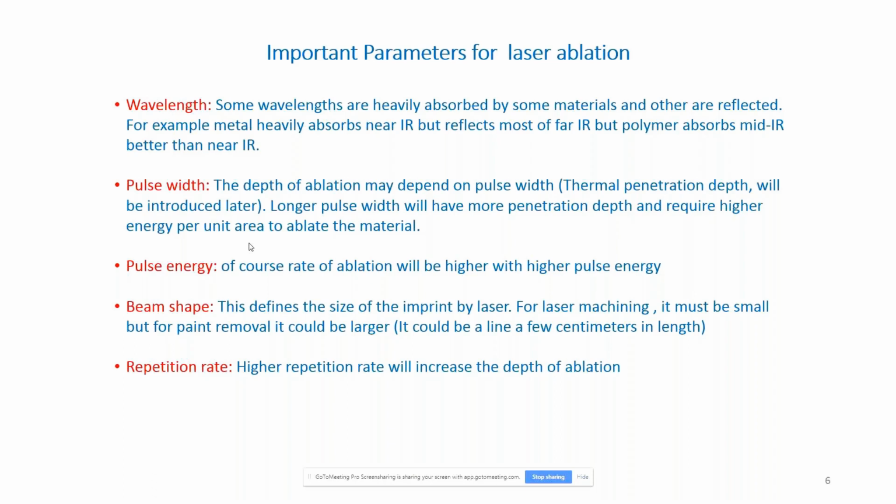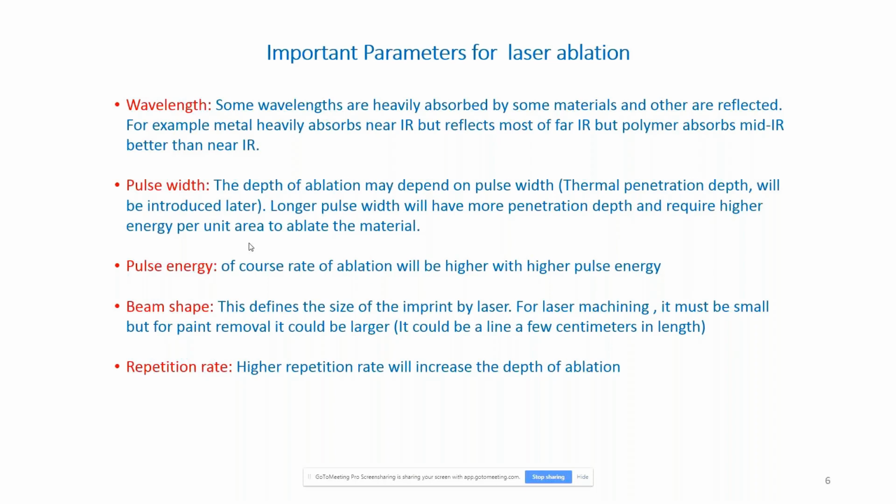It also depends on something called the diffraction limit, because if the wavelength is larger, you can't focus the beam to a very small spot. So, for example, a CO2 laser, which is at 10 micron, cannot be focused to as small a spot as a YAG laser, which is at 1 micron. So the longer the laser wavelength, the harder it will be to focus it to a very narrow spot.